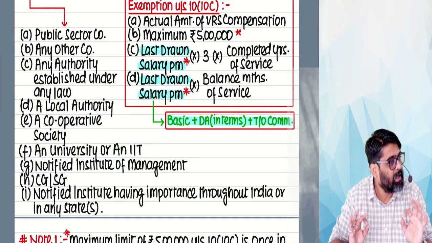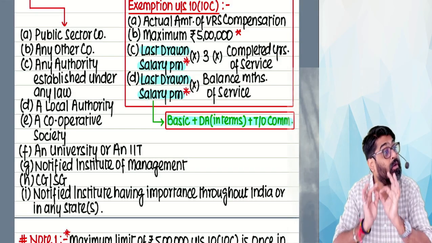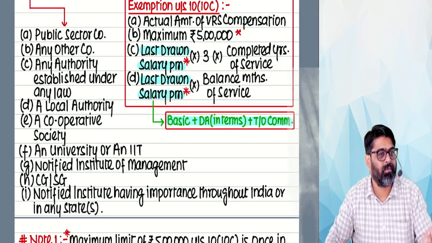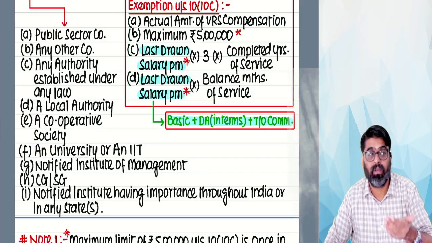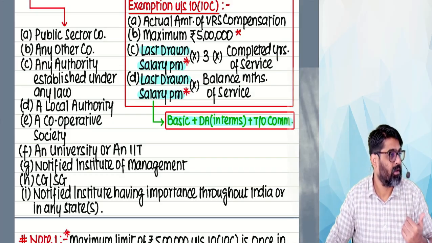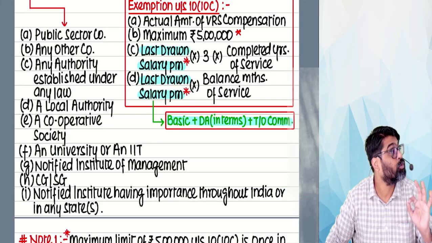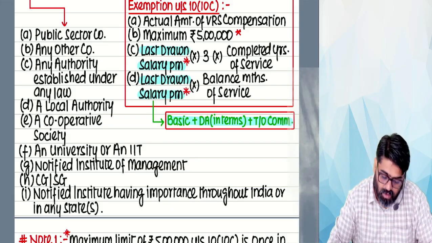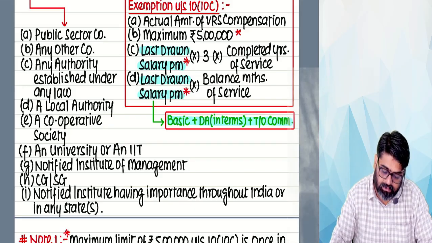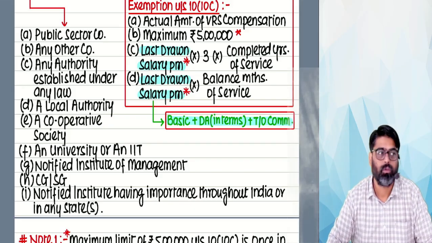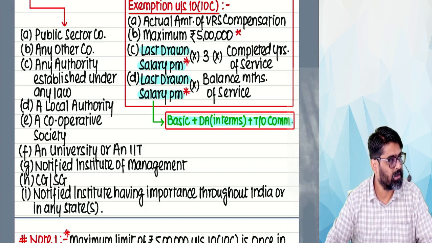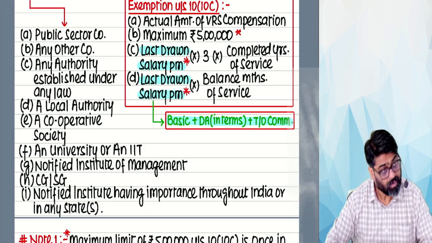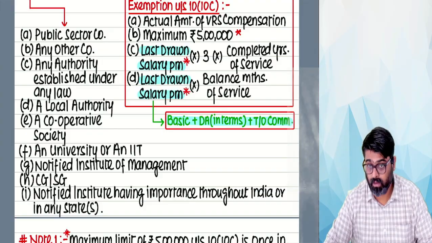In short, any company. You are the employee of any company, public limited, private limited, public sector, private sector, listed, unlisted. Or any authority established under any law. Any authority which is established under a law. You can be the employee of that authority also.